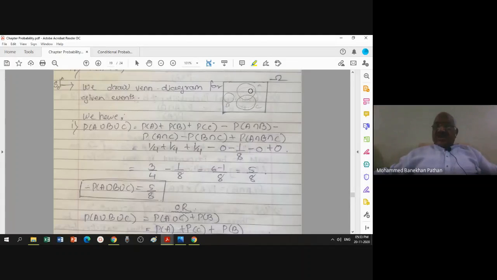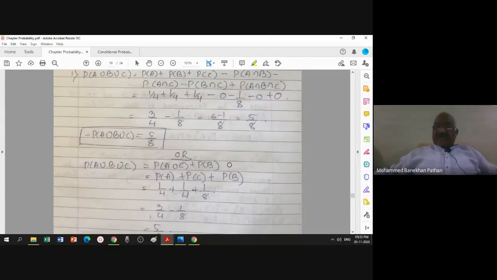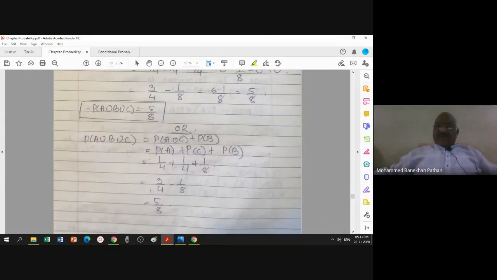This is A, C and B. I want probability of the total of 3 events. So I will put probability of A union C plus probability of B directly from the Venn diagram. What is probability of A union C? You know the theorem. P(A) plus P(C) minus P of A intersection C should be there.